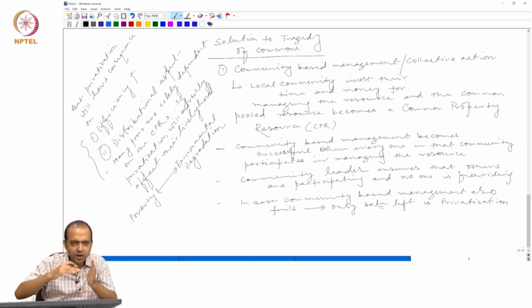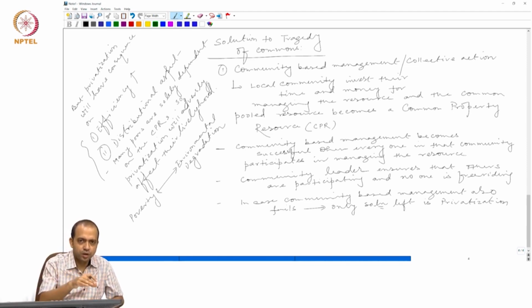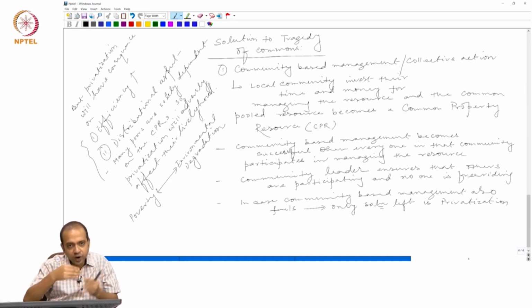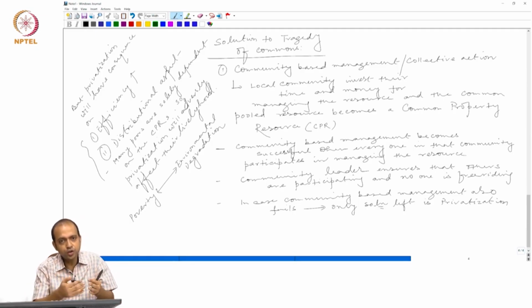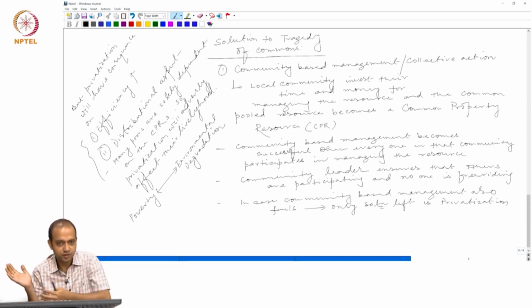So, that will adversely impact the local environment or resource. When the resource is impacted adversely because of this developmental project, what will happen? The local community will try to extract more and more. So, since they are poor, they are trying to extract this resource more and more, and as a result the resource again gets depleted so fast.